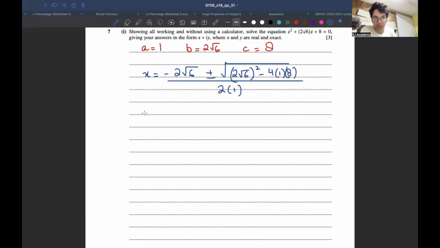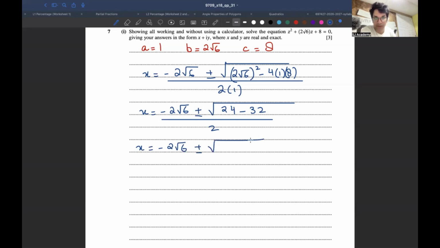Now simplifying the numerator, we'll get minus 2 root 6 plus minus, so the square of 2 is 4 and the square of root 6 is 6. And 4 times 6 will become 24. So that will become 24 minus 32, divided by 2. We'll get minus 2 root 6 plus minus, and 24 minus 32 is minus 8, so this will become minus 8 divided by 2.